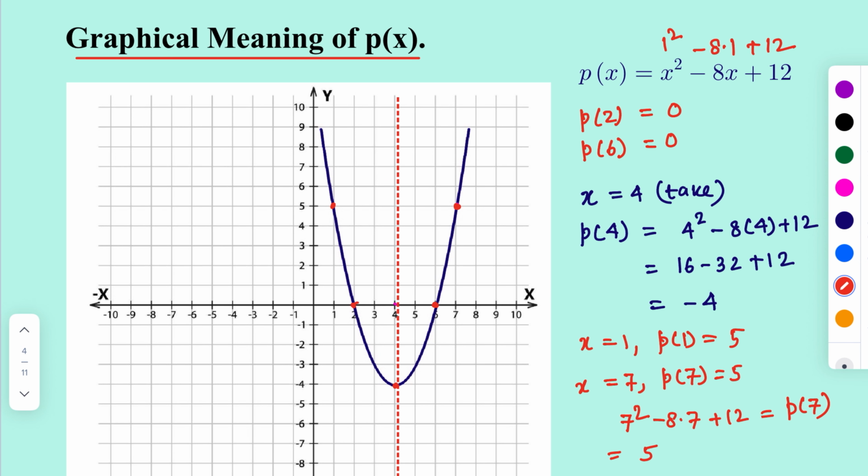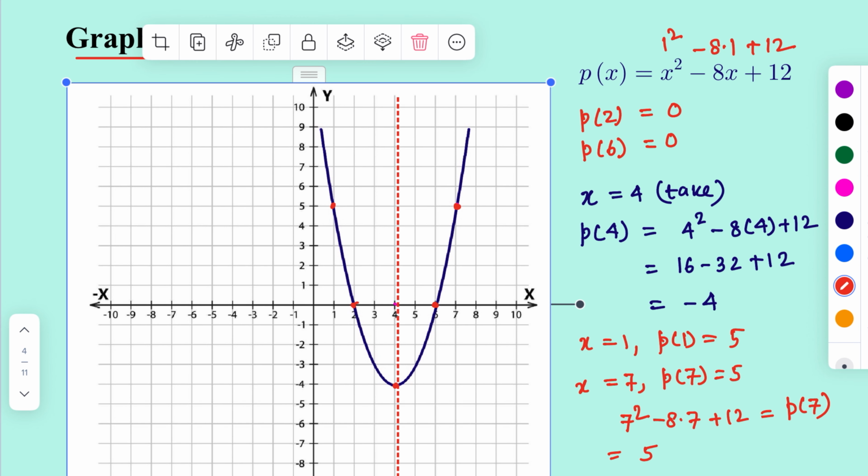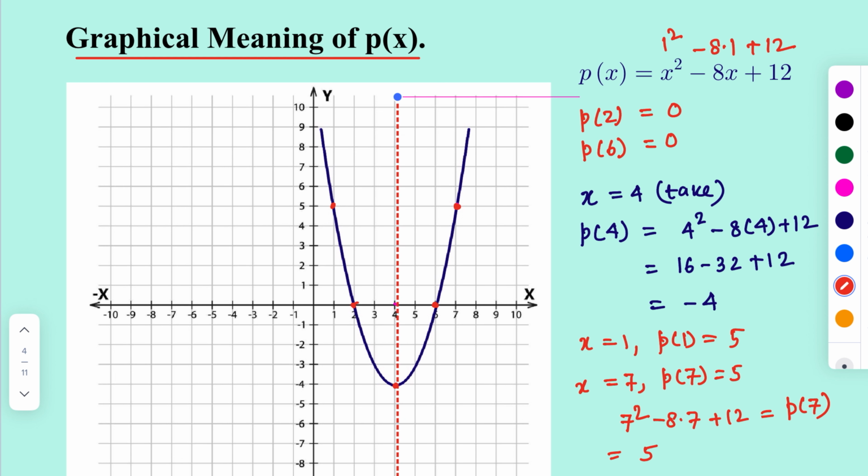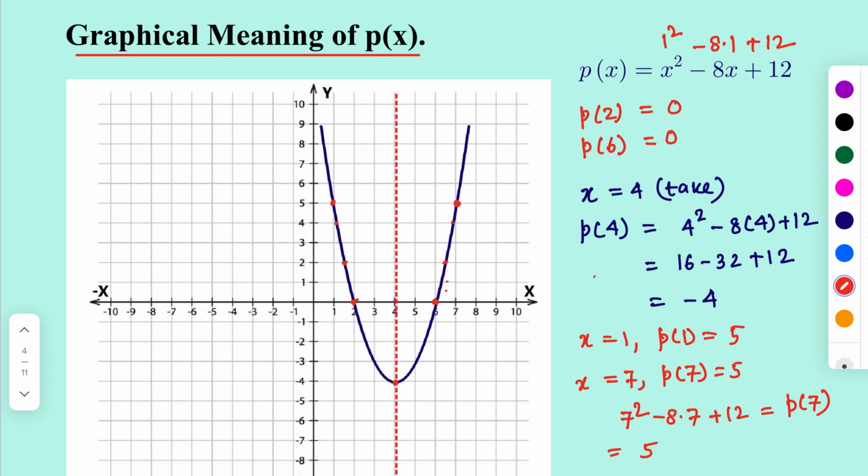If you take this line, the value at x equal to this, all will be the same. You see, this value will be equal to this value. Okay, we will get a symmetrical graph.